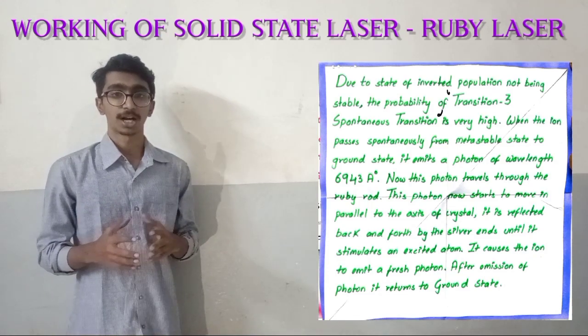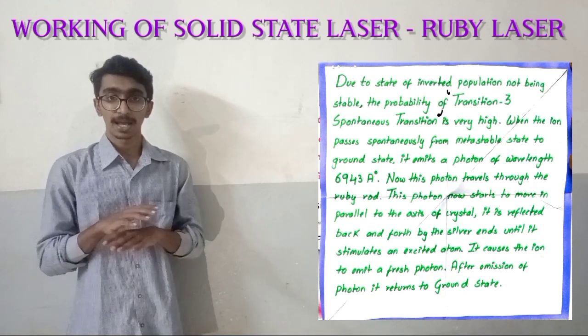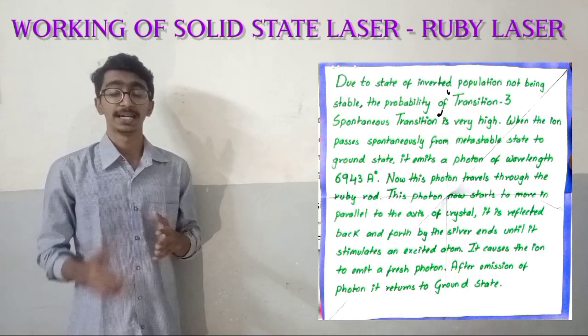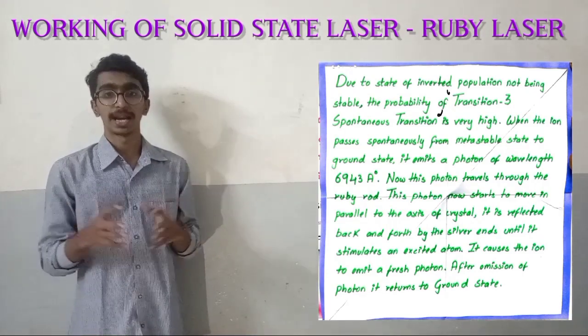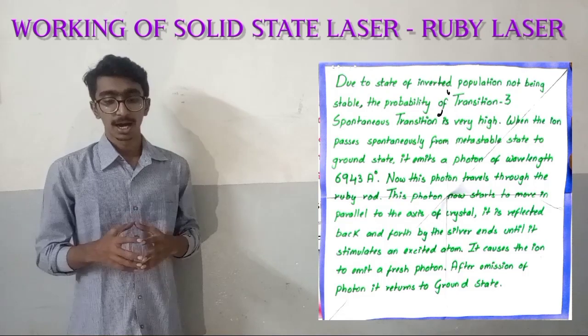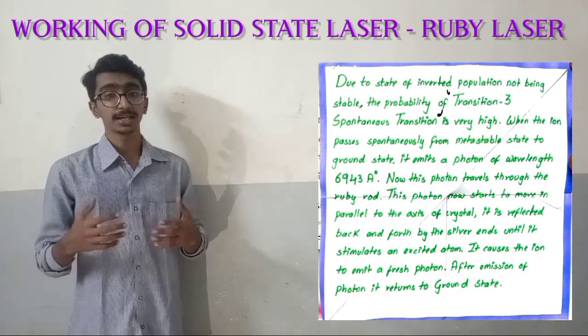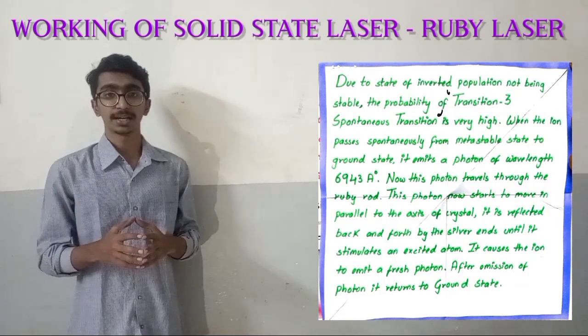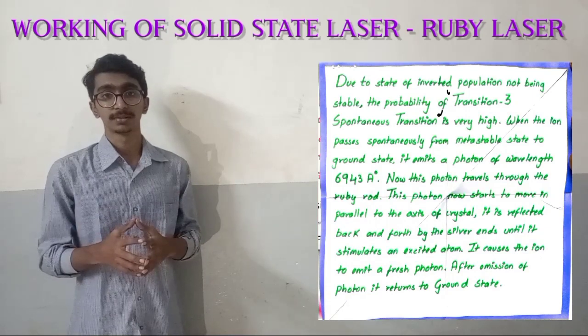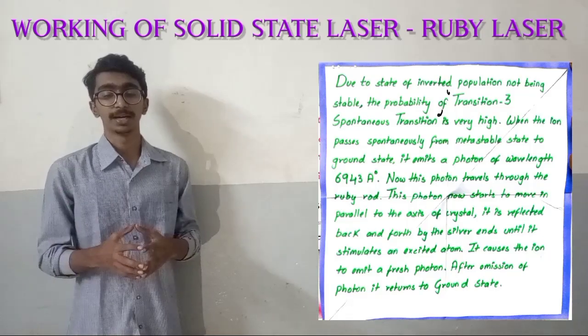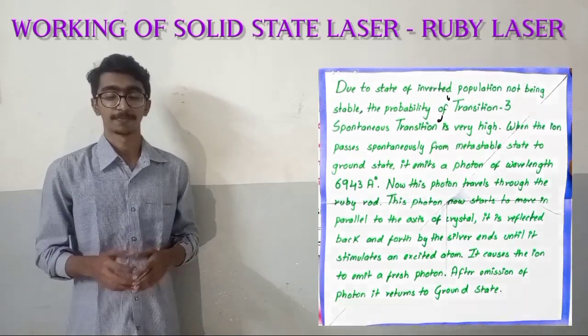Now this photon travels through the ruby rod. This photon starts to move parallel to the axis of the crystal, and it is reflected back and forth by the silver ends until it meets an excited atom. After the emission, the atom returns back to the ground state.